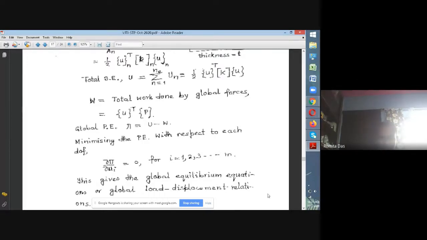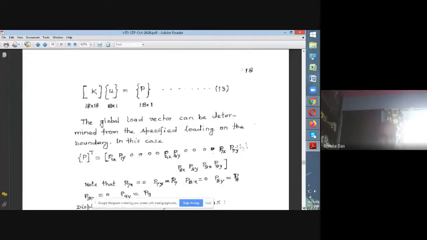By that process, we get again the equations we obtained earlier: the total stiffness matrix multiplied by the displacement matrix is equal to the global load vector. It's the same thing we got from the equilibrium approach, stiffness multiplied by displacement is equal to load.